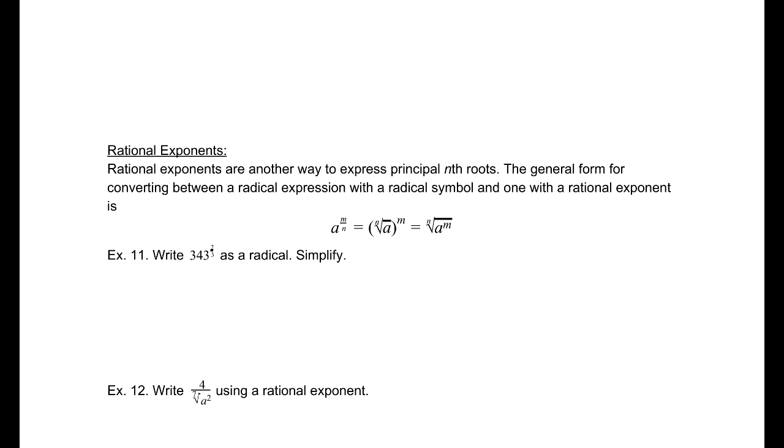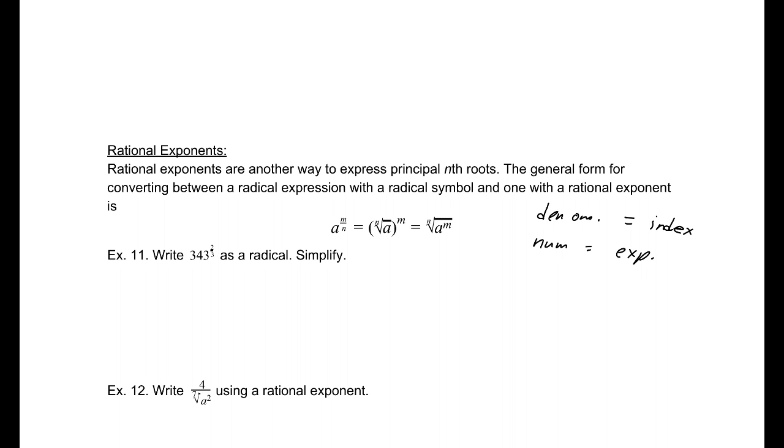So let's go ahead and write 343 to the 2/3 as a radical. I should point out here, the denominator is going to be our index. Our denominator is our index whenever you're converting between these. Okay, and our numerator is going to be our exponent. That's how those are related.